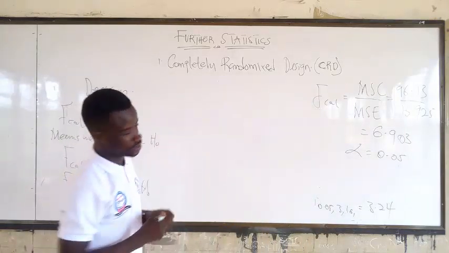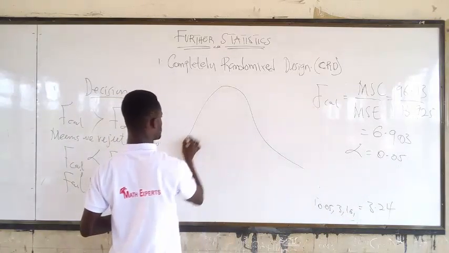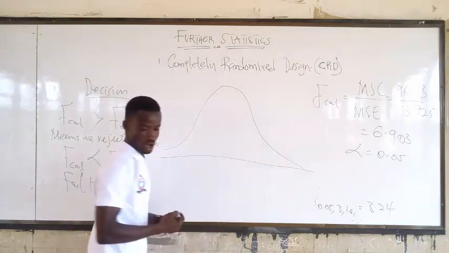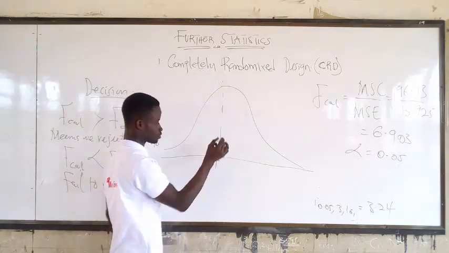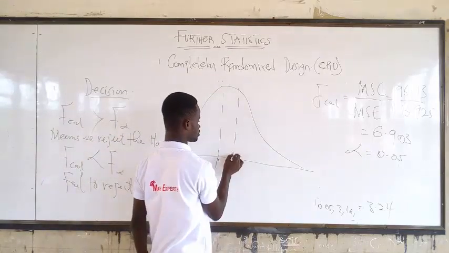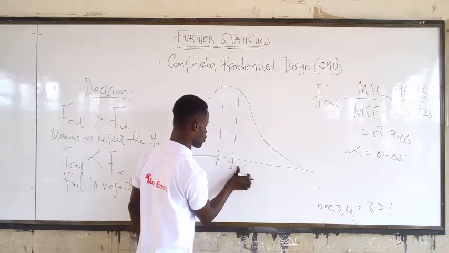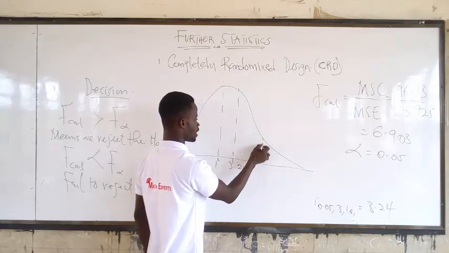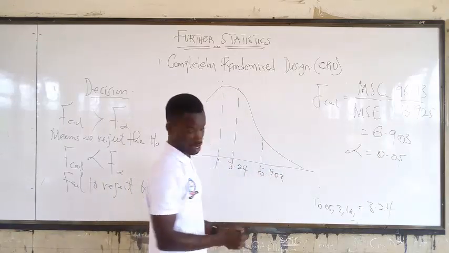And this is going to be the graph. That is the normal distribution. We are going to have our 3.24, then let's say our 6.903 is here.